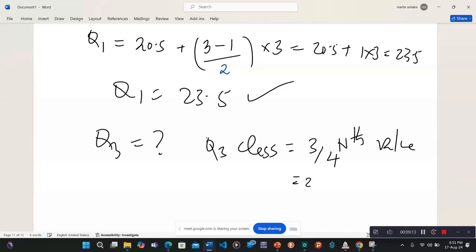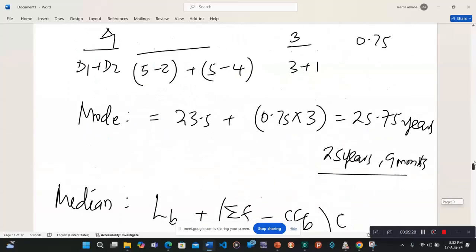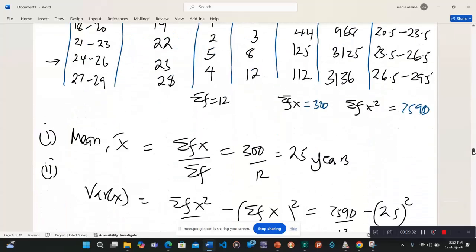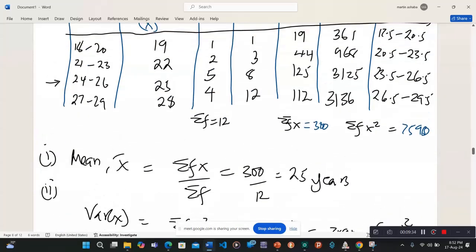So this is 3 out of 4 times 12, which is 9. The 9th value. So we go to the cumulative frequency table, the frequency distribution table, and look for where 9 lies. 9 is above 8, so we can't take this. We shall take 12.